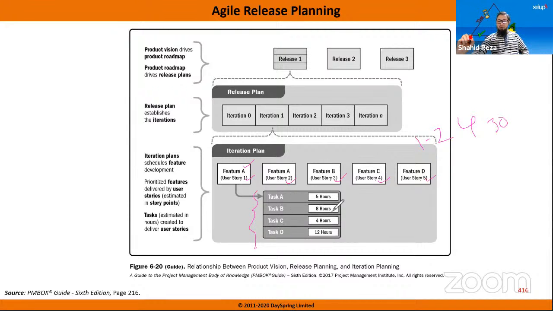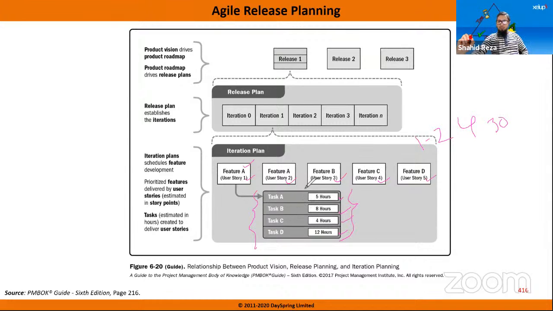For task A, we need 5 hours, task B, 8 hours, task C, 6 hours, and task D is 12 hours. If we can involve our team and they use these total hours, then user story 1 will be completed.